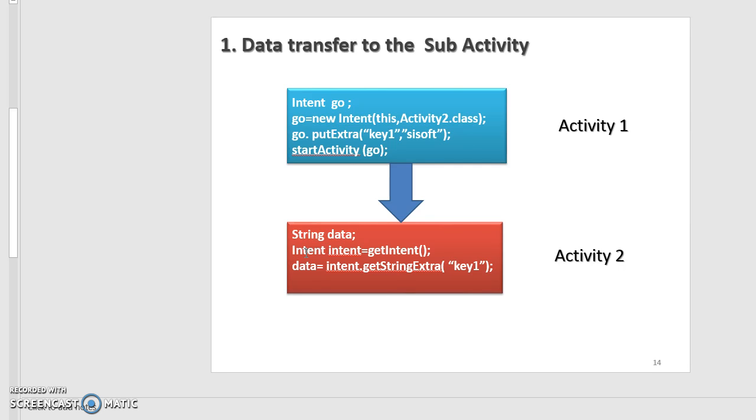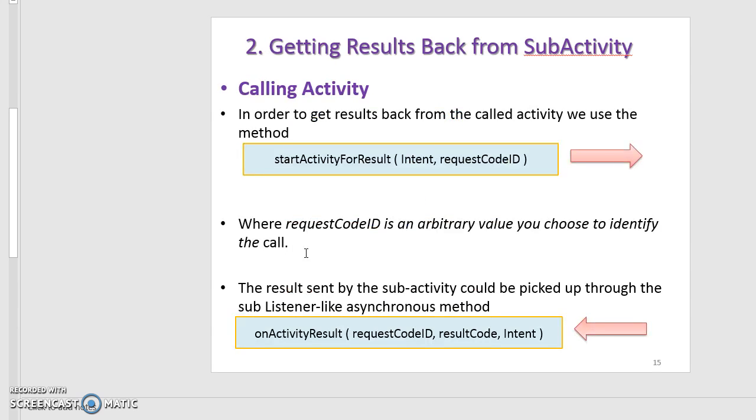But we may also require that while transferring the data to the child activity, we want some data back from the child activity to the parent activity. In that case, we need to call another method, that is startActivityForResult.